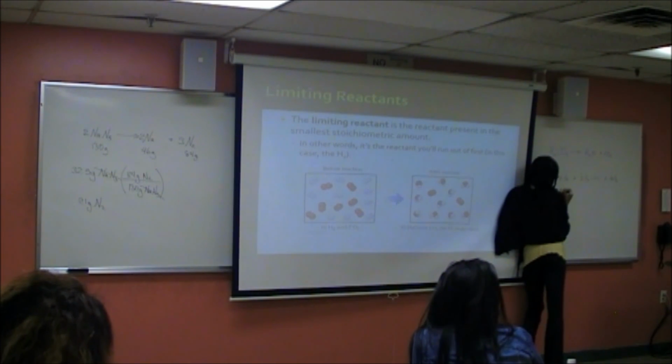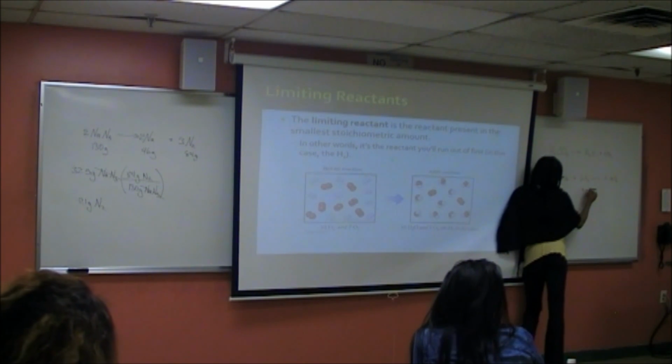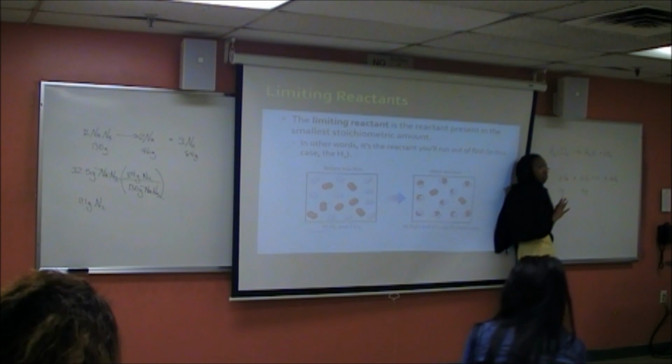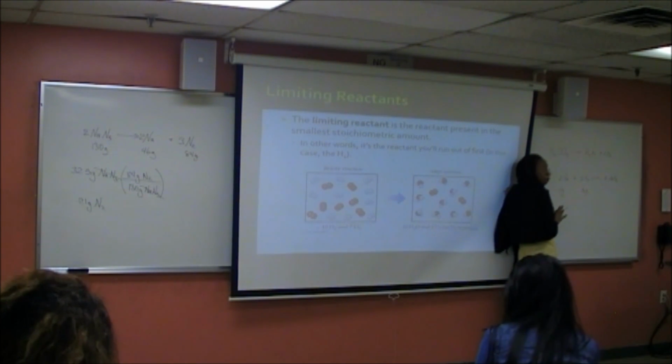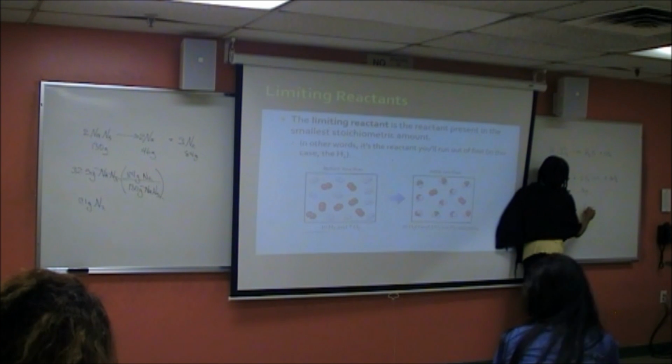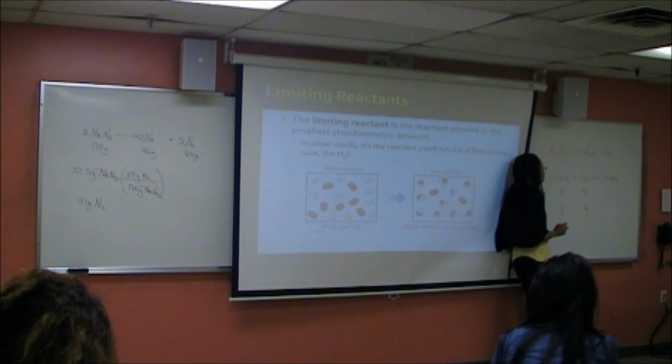Let's say you had 2 grams of sodium, 3 grams of nitrogen gas. You reacted these two together. They're going to go to completion, right? If you now had 1 gram of sodium, 3 grams of nitrogen gas, which one is going to finish first?